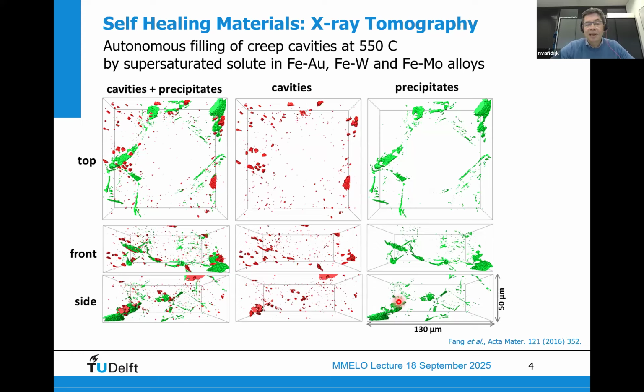And in green, you can then see how gold sort of fills up those empty spaces and thereby extends the lifetime. Gold will never be used in a creep steel, but we later found out that you can also do this with tungsten.